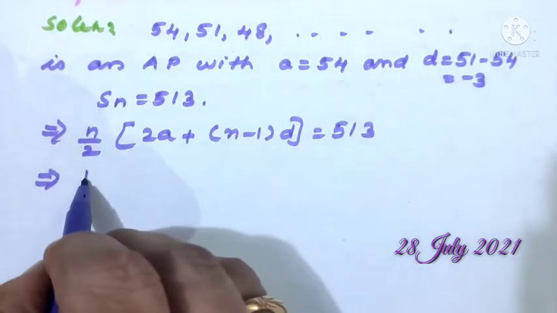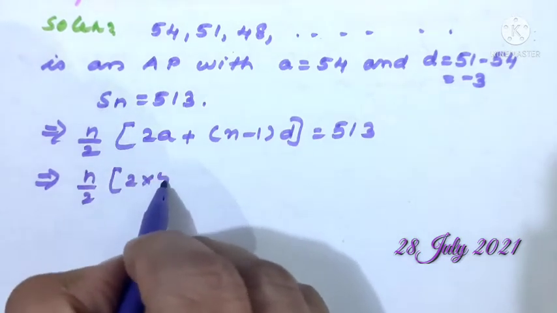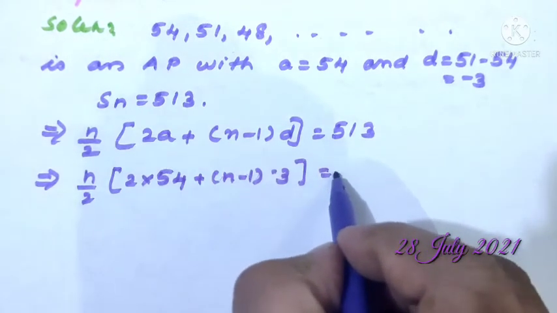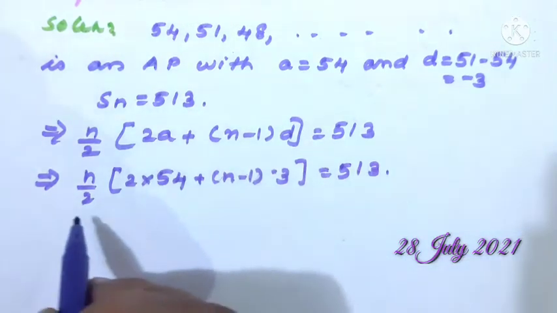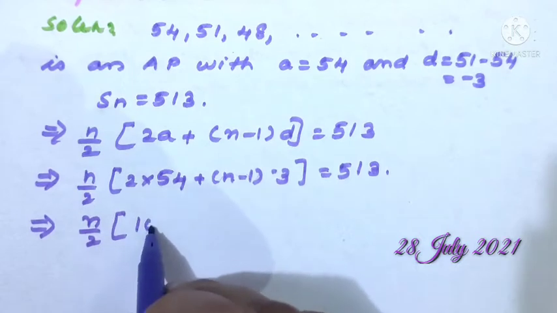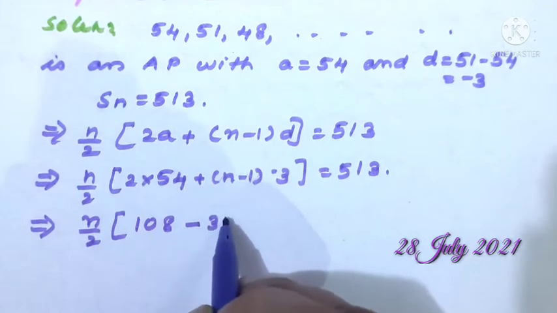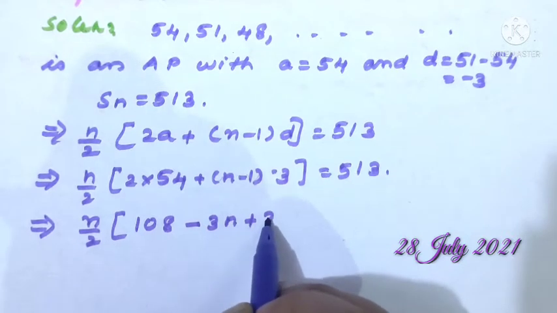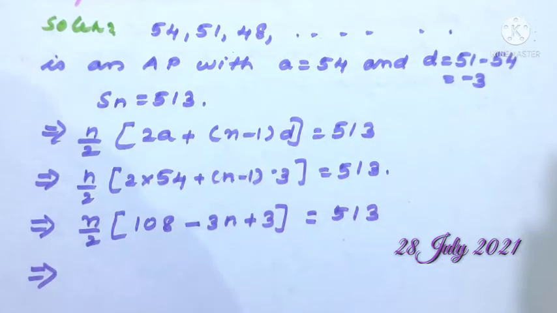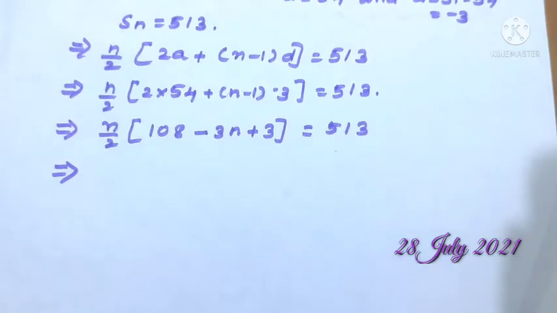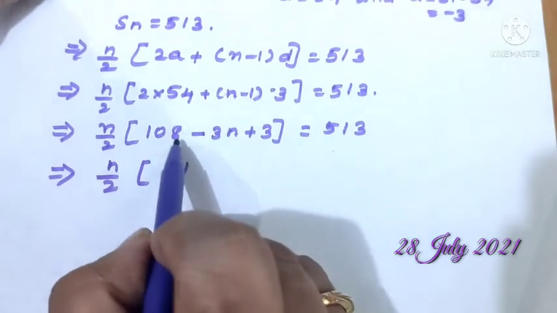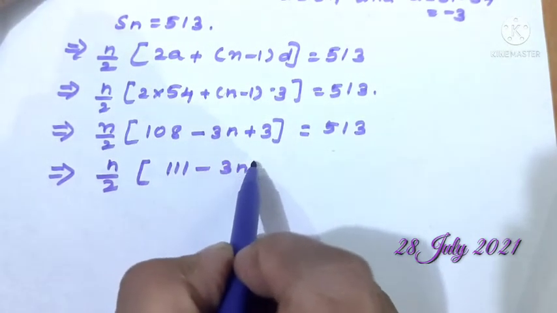So n is unknown to us. n by 2 bracket 2 into 54 plus n minus 1 into minus 3 equal to 513. n by 2 bracket 108 minus 3n plus 3 equal to 513. n by 2 bracket 111, that is 108 plus 3, minus 3n equal to 513.